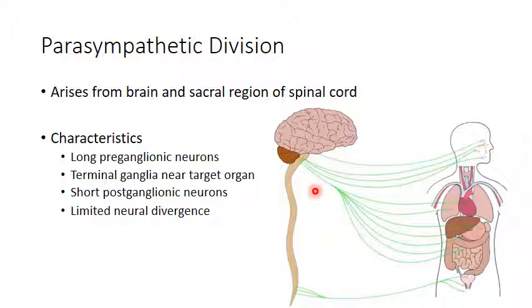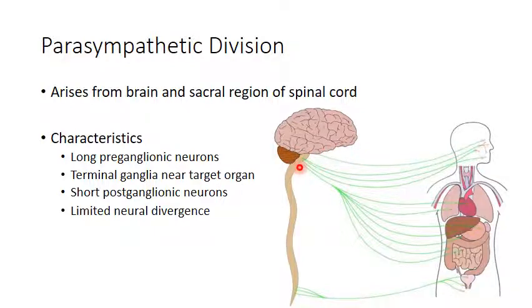One of the major differences between parasympathetic and sympathetic, which I did mention before, is how the preganglionic to postganglionic fibers appear. In the parasympathetic nervous system, we see really long preganglionic fibers and then fairly short postganglionic fibers. The reason is that these preganglionic neurons don't synapse until we are in a ganglia located really close to the target organ.